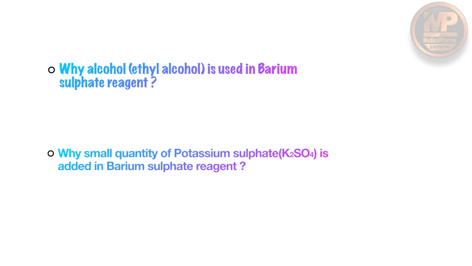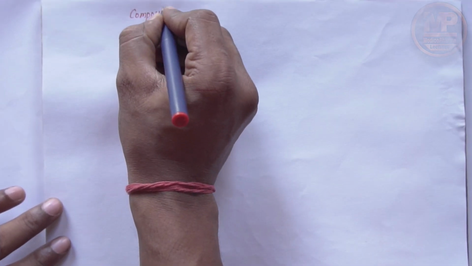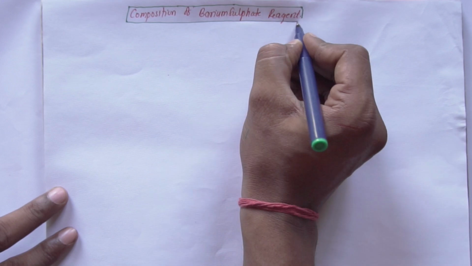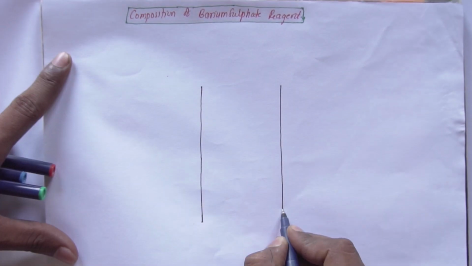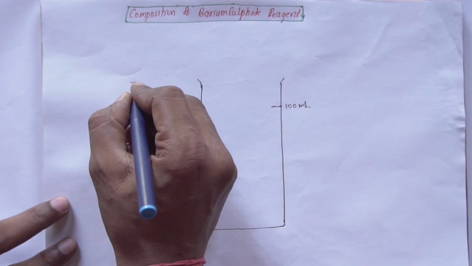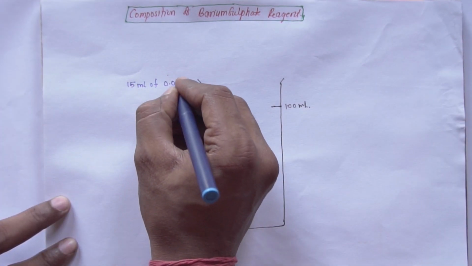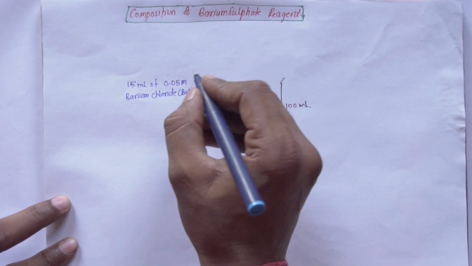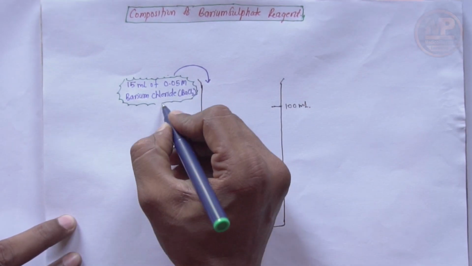Before answering all these questions, first of all we'll see the composition of barium sulfate reagent. Barium sulfate reagent is a mixture of various chemicals. To prepare it we take a 100 ml measuring cylinder, in which we add 15 ml of 0.05 molar barium chloride, BaCl2, solution.